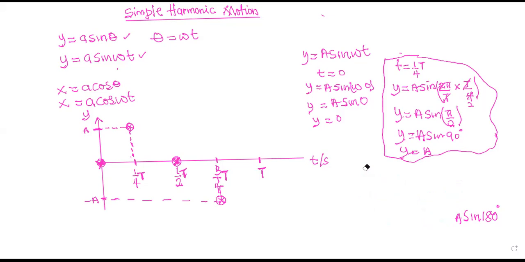When t is equal to the period t, what will be y? 0. That will be 0. So when we join, we have this for one cycle. This is the displacement graph in terms of time for one cycle.